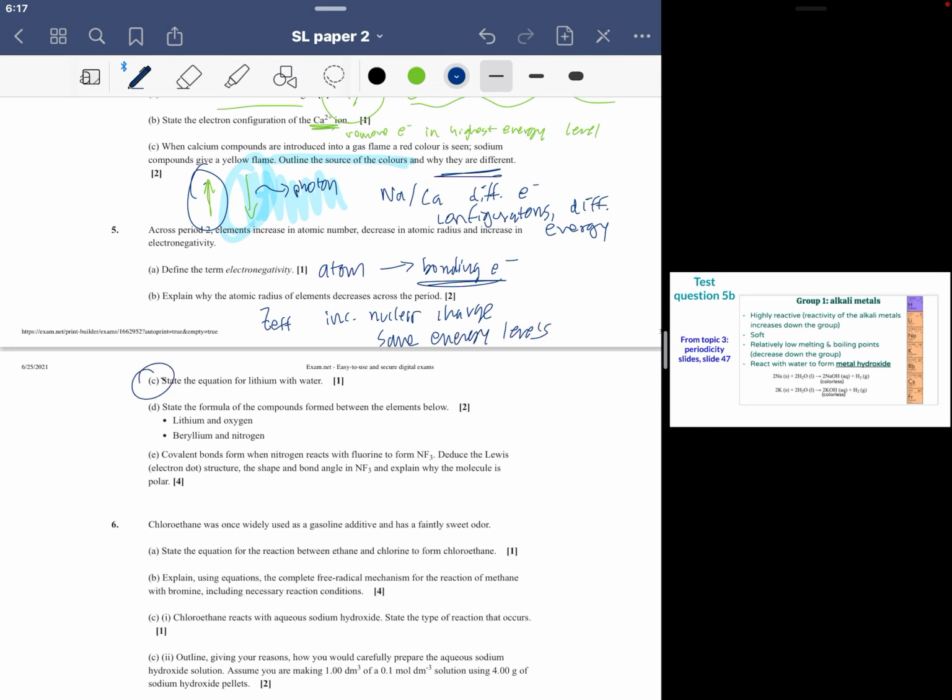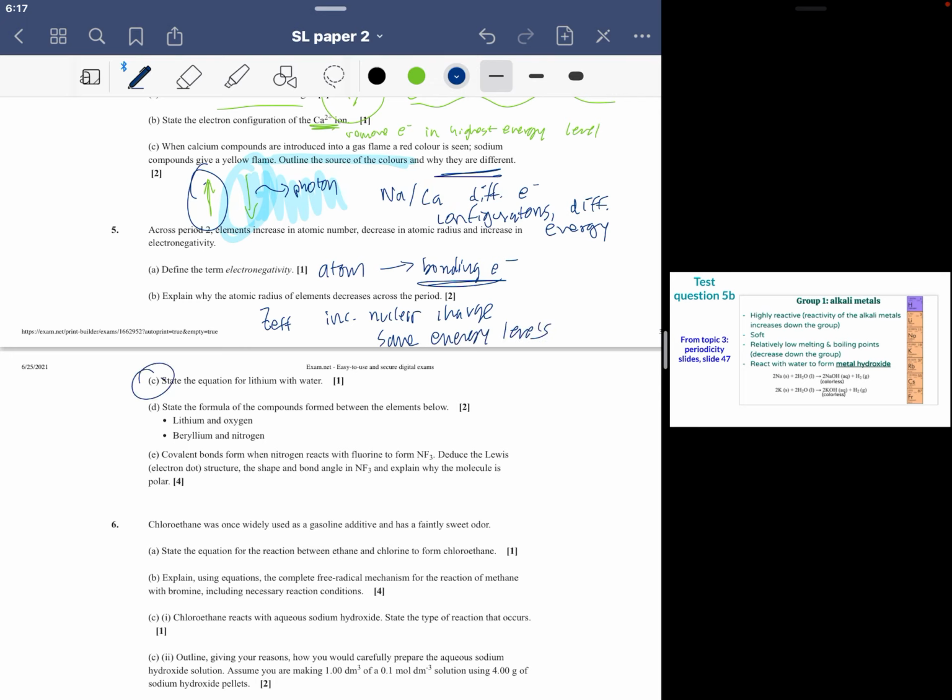Shape, here's a good example. We actually saw sulfite. This has the same shape, right? 4 electron domains. So shape was general. I accepted either molecular geometry or electron geometry, so you could have said either tetrahedral or trigonal pyramidal.